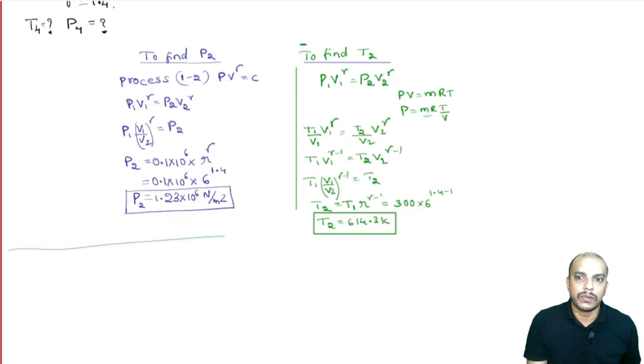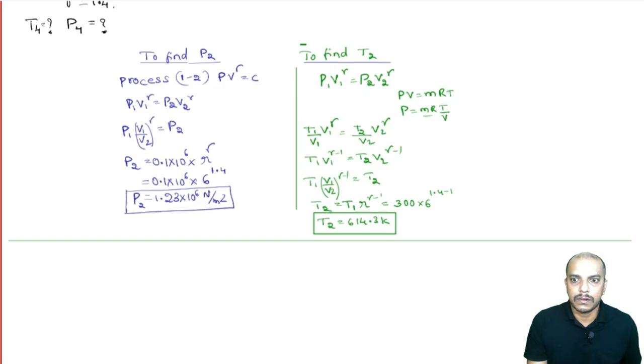Volume is constant. What do we mean by volume constant? PV is equal to mRT. Let us use this trick.